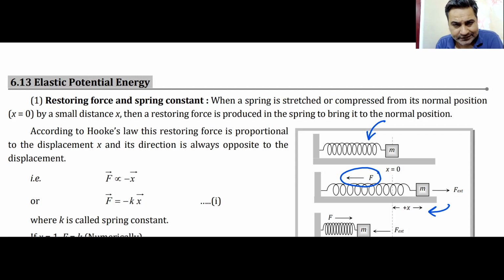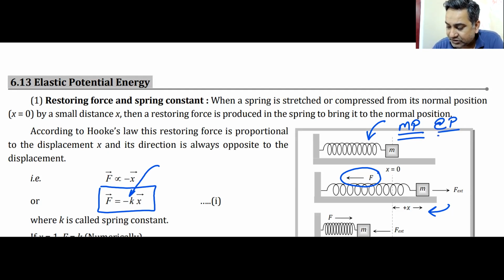Some people also call it restoring force. The value of that force is minus kx, the minus sign indicating that it is opposite to the displacement from the mean position. This position where the spring is relaxed is known as the mean position or equilibrium position.